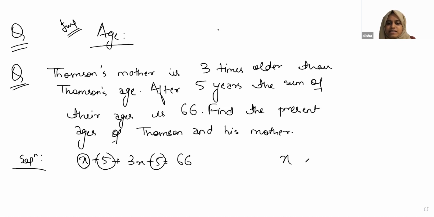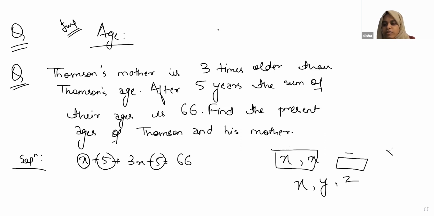We will add x by x only. We cannot add x by y or z, anything else. Is it clear to you? So can I add x and 3x?